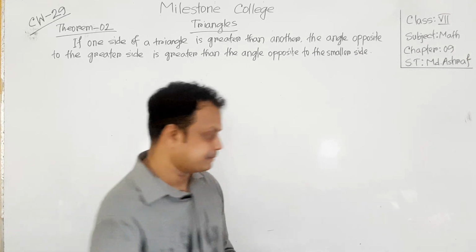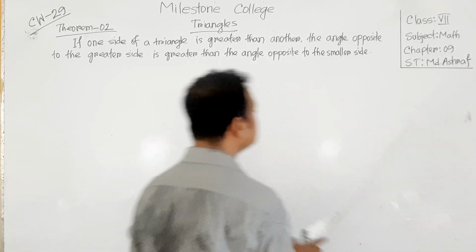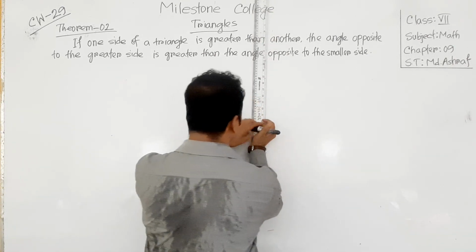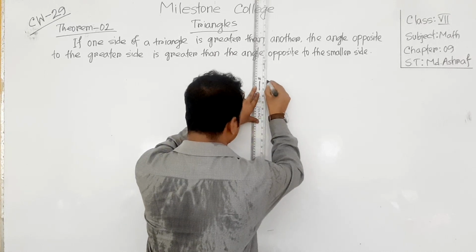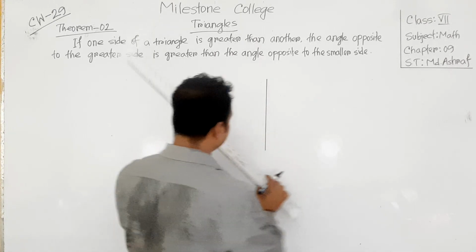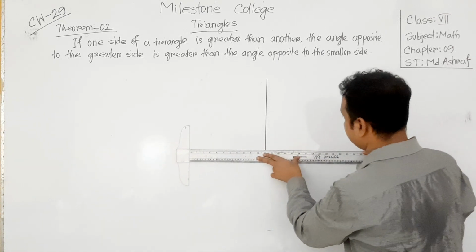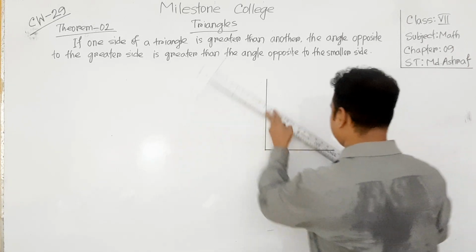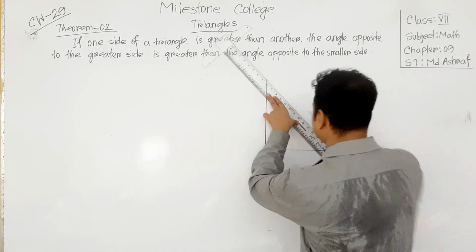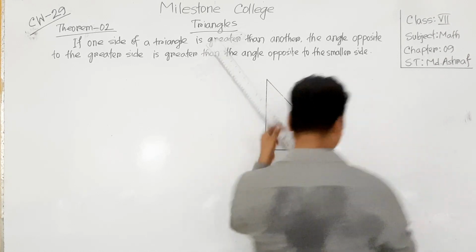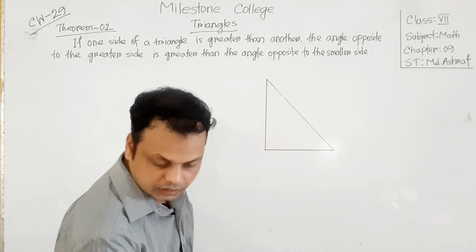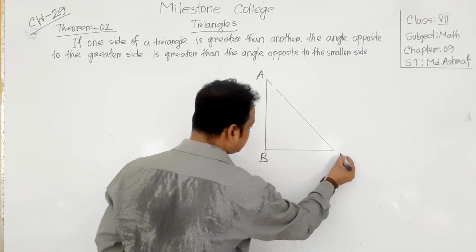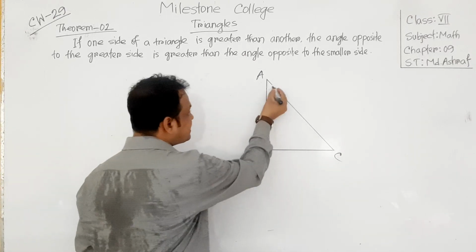At first draw the figure. So ABC is a triangle.